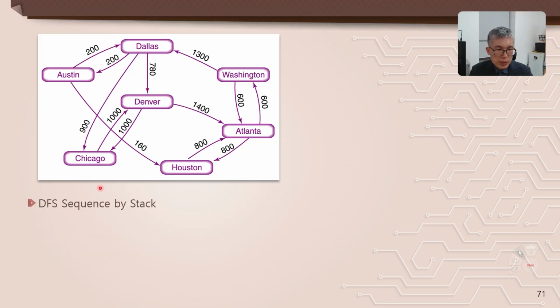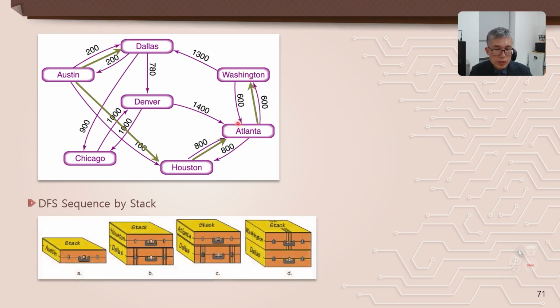Let's take a look at the depth first search sequence by the stack. From Austin to Dallas, and then Houston is the next one, and this one has Atlanta and Washington. First the stack contains Austin, and then Dallas and Houston are pushed. The destination is Washington. Then we pop, and its neighbor Atlanta is pushed.